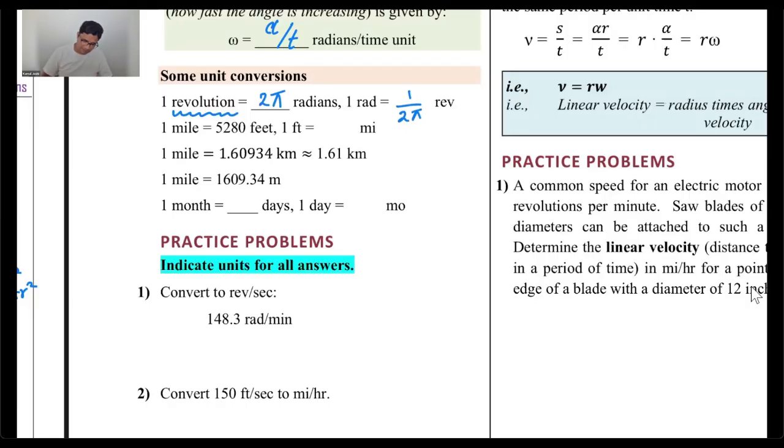And then there are some other units which are commonly used. I just wanted to mention here, so if you can remember them out of your head, it is useful. 1 mile is 5,280 feet. So 1 foot would be 1 over 5,280 miles.